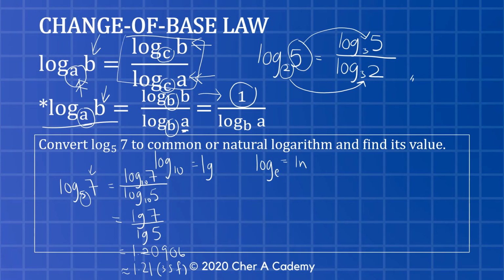Okay, now let's look at the natural log and see if we get the same answer. So natural log means my base is e. So same question, log base 5 of 7 is equal to log base e of 7 over log base e of 5. 7 goes on top, 5 goes below.